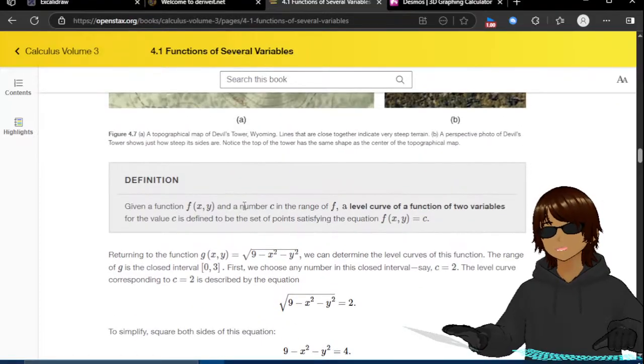Given a function f and a number c in the range of f, a level curve of a function of two variables for the value c is defined to be the set of points satisfying the equation f of x, y is equal to c.